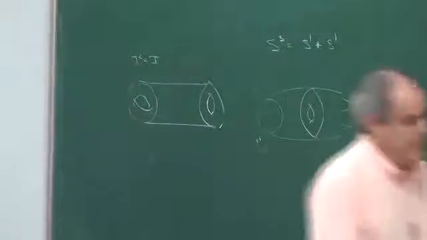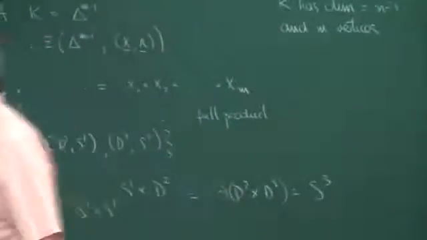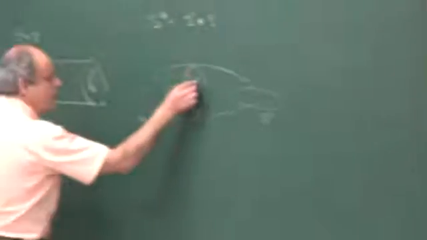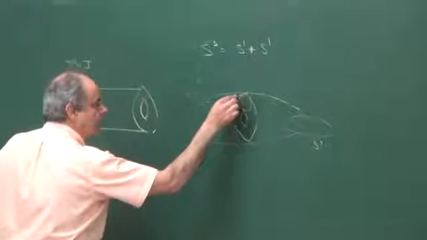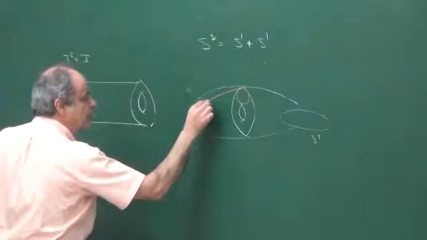Now let us find in there these D2 cross S1 and S1 cross D2. Here is a D2. I take one circle going around there, and I follow those circles to a point on there.